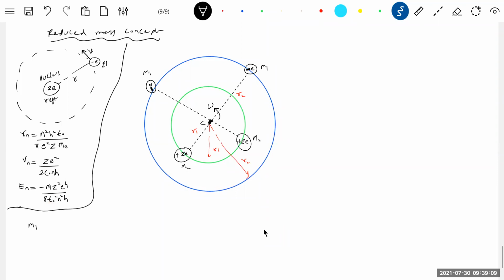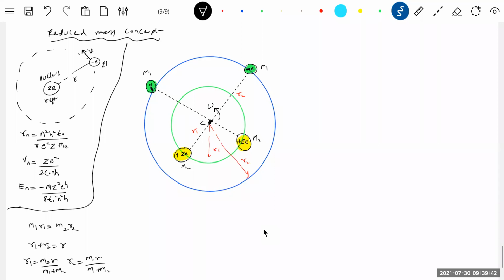From the center of mass, m1 r1 equal to m2 r2, r1 plus r2 equal to r, the separation between the nucleus and the revolving particle. After this, the expression for r1 will be m2 r by m1 plus m2.